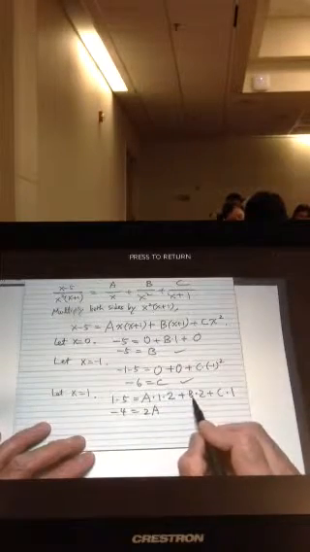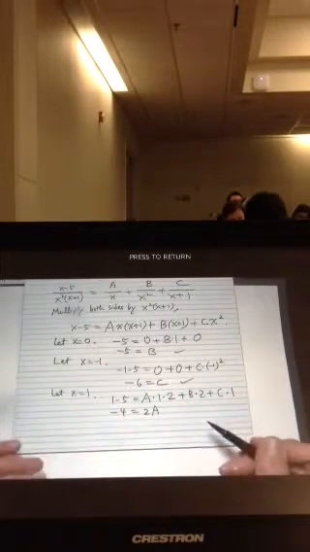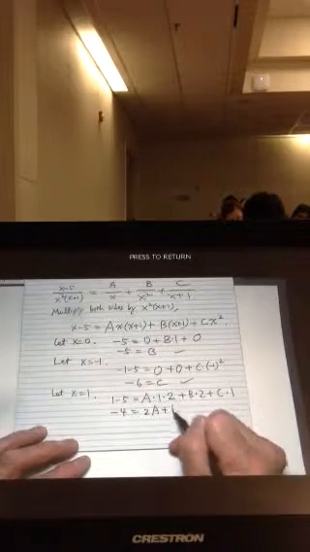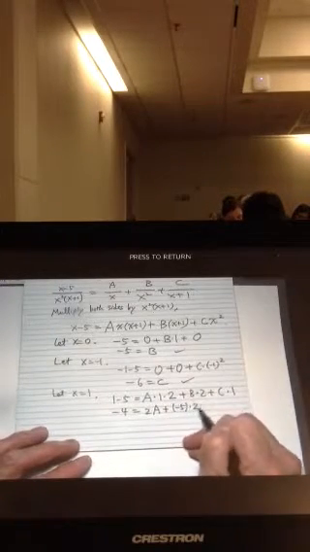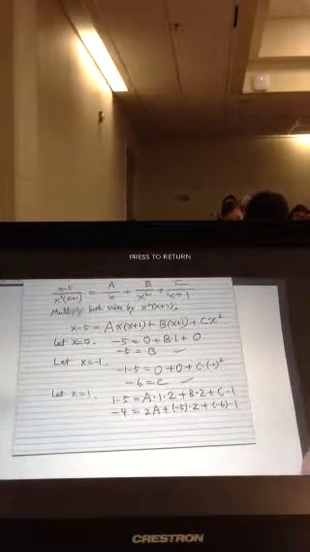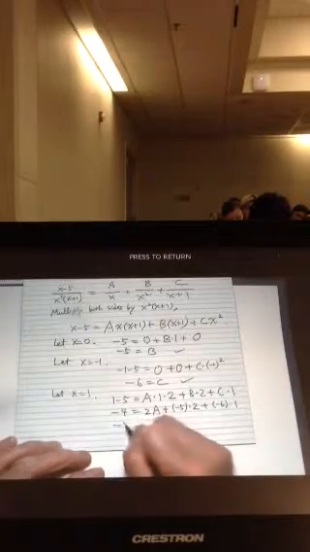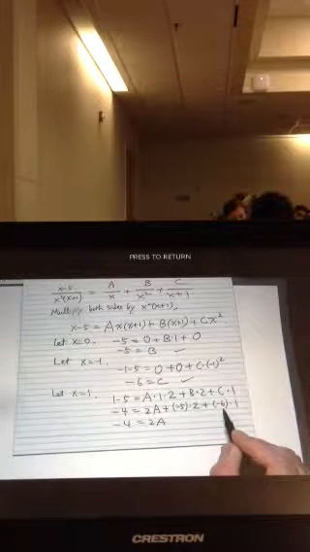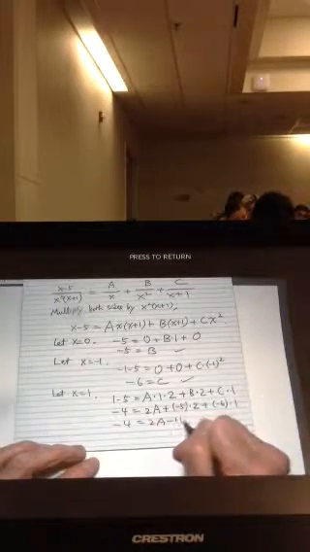Now I know what B is. B is negative 5, so negative 5 times 2, right? I know what C is. C is negative 6. So negative 4 equals 2A minus 10 minus 6, minus 16.